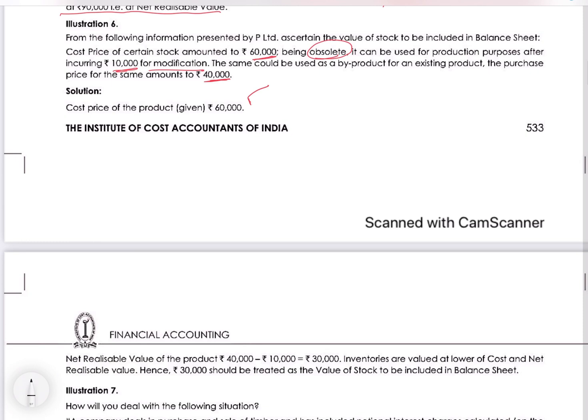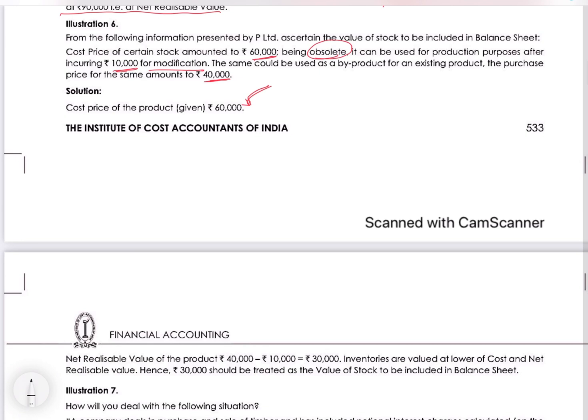They are saying instead of using it in the production, they can use it as a byproduct for an existing product, which they would otherwise have had to buy from the market at 40,000. So the cost of the asset is 60,000, and if instead of buying they use it as a byproduct after incurring 10,000 modification cost, what will happen?